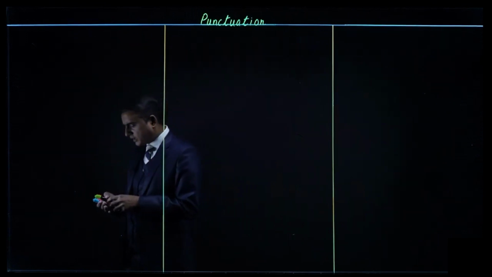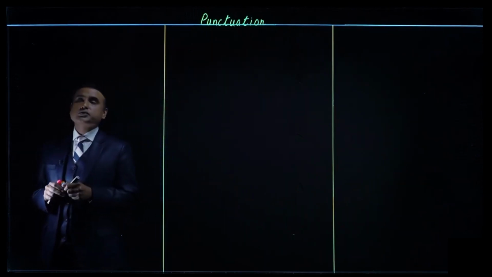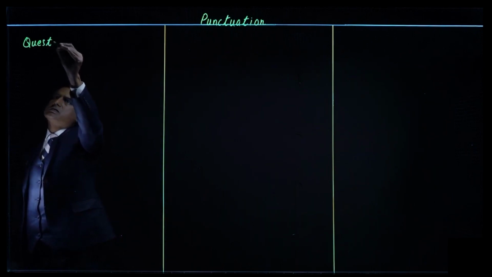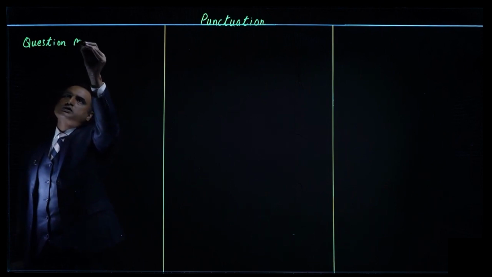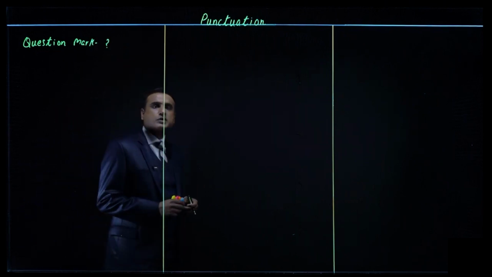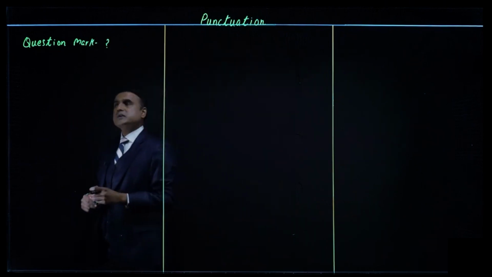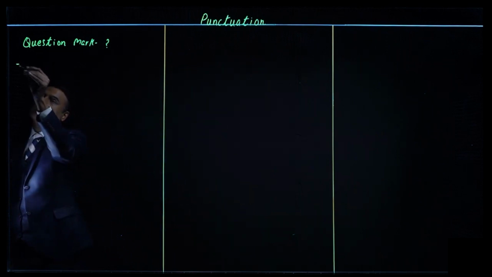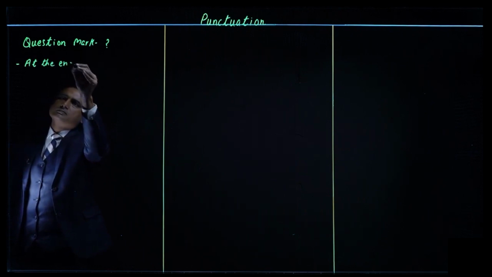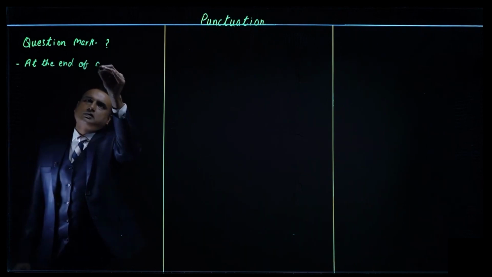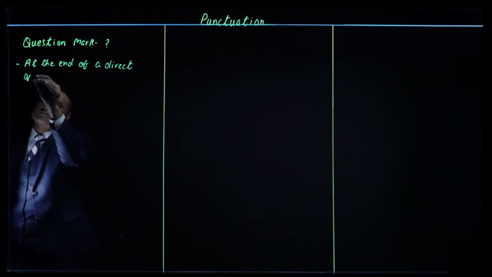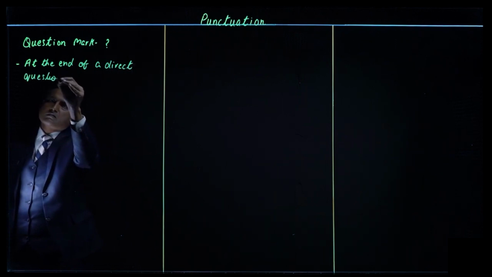ले मेरे बच्चों, we are moving toward the next punctuation mark, and that is the question mark. You all know it, बड़ा familiar sign है हम सब के लिए. Now where to use question mark? Obviously at the end of a direct question.